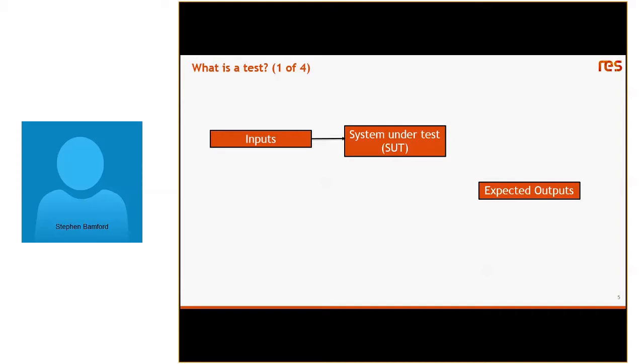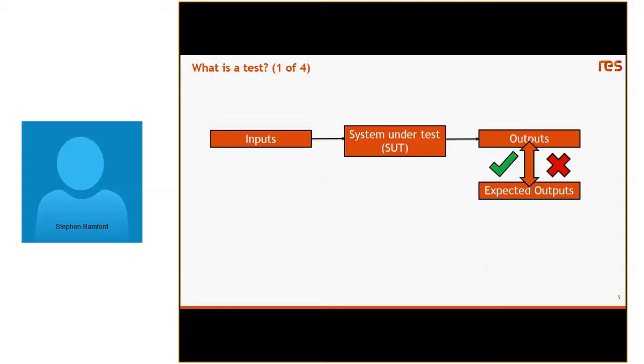And when you run the test, you're going to be producing a set of outputs. If you compare those outputs to the expected outputs, if they match, you pass. And if they don't match, you fail. So you have a binary result to that test. You either pass or fail when you're doing that comparison.